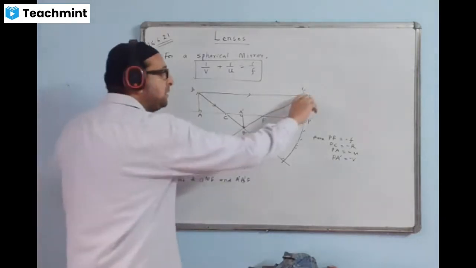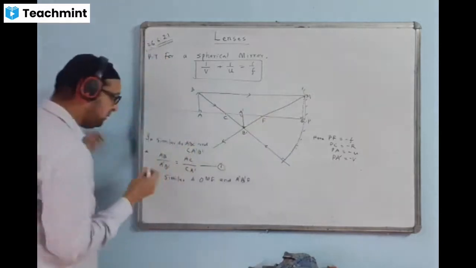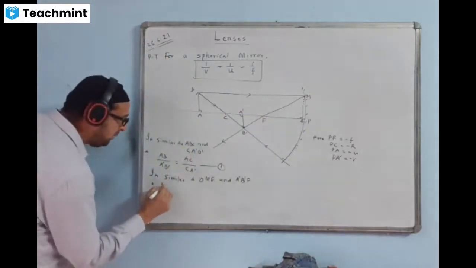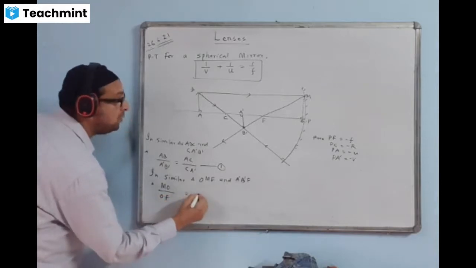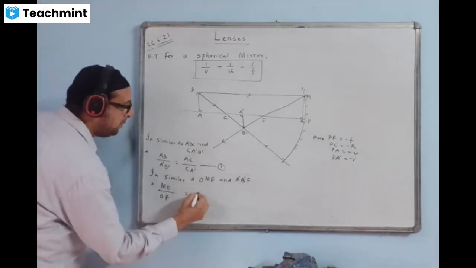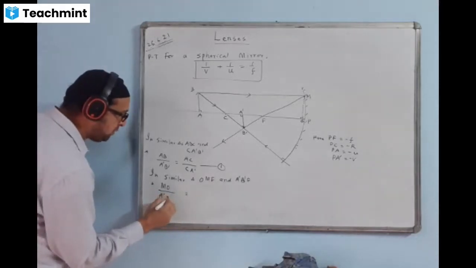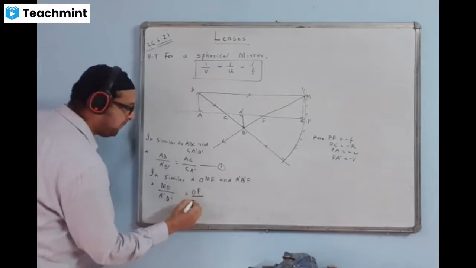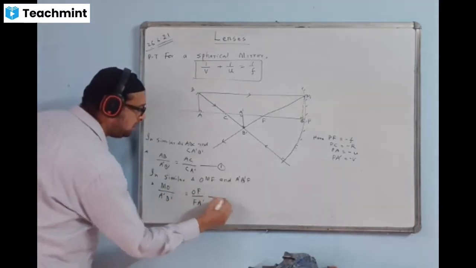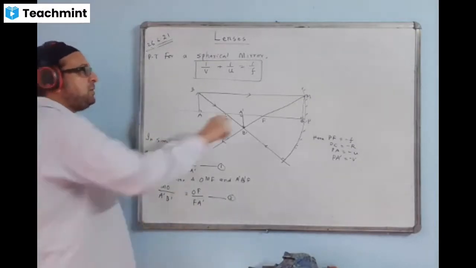The ratio of the sides. This by this is equal to this by this. I write that: MO by A dash B dash is equal to OF by FA dash. Marking equation number 2.